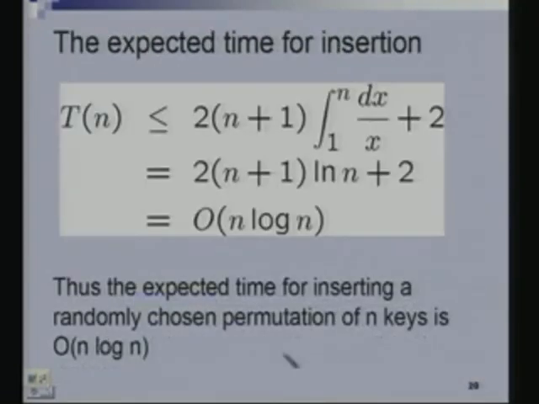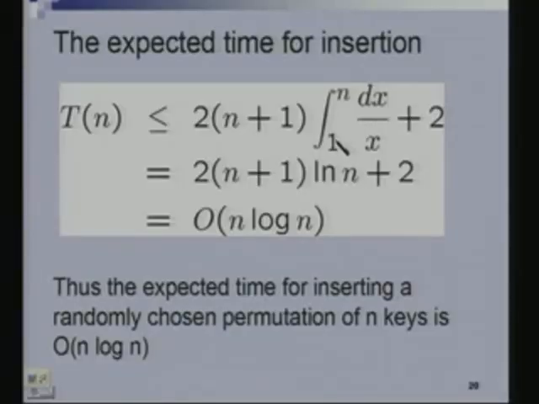So I am going to just put that 2 times n plus 1. That harmonic sum was at most the integral of 1 by x from the limits 1 through n, plus a 2. This is log of x. At x equals n it is log of n, at x equals 1 it is 0, so it will just be log of n. So this sum is order n log n. So T of n is less than or equal to order n log n.